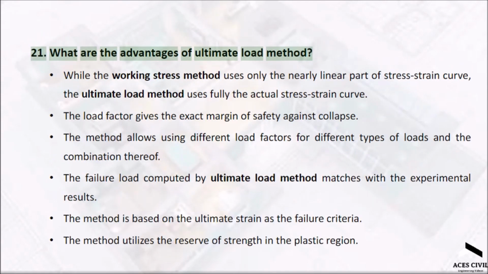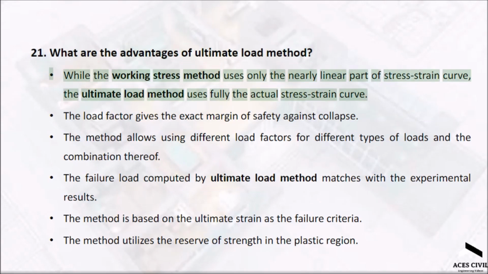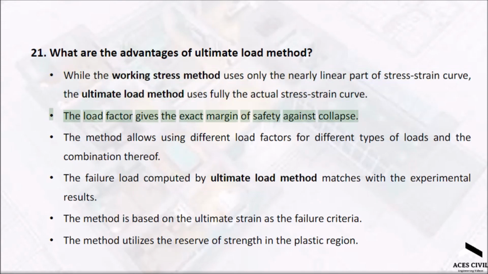What are the advantages of ultimate load method? While the working stress method uses only the nearly linear part of stress-strain curve, the ultimate load method uses fully the actual stress-strain curve. The load factor gives the exact margin of safety against collapse.